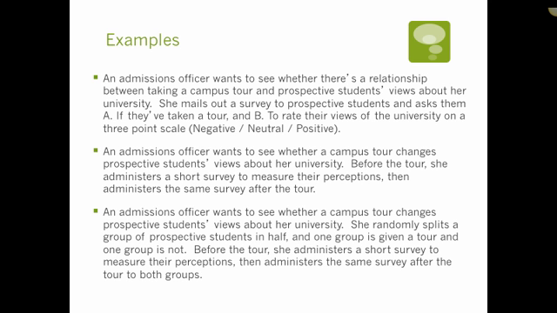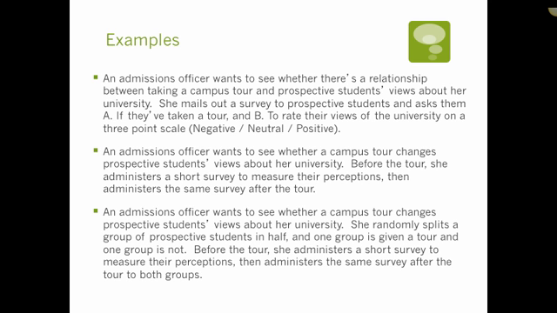What about if she really does want to get at that experimental idea? How could she go about designing a true experiment? To see whether the campus tour changed students' views about the university, she would randomly split a group of prospective students in half, and she would give one group a tour and one group would not get the tour.